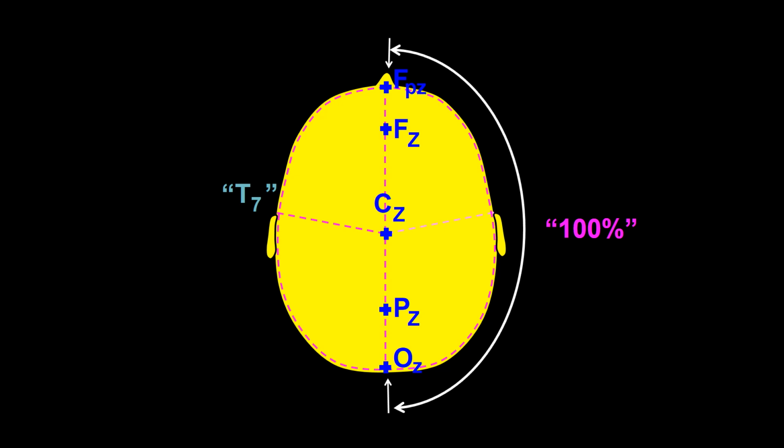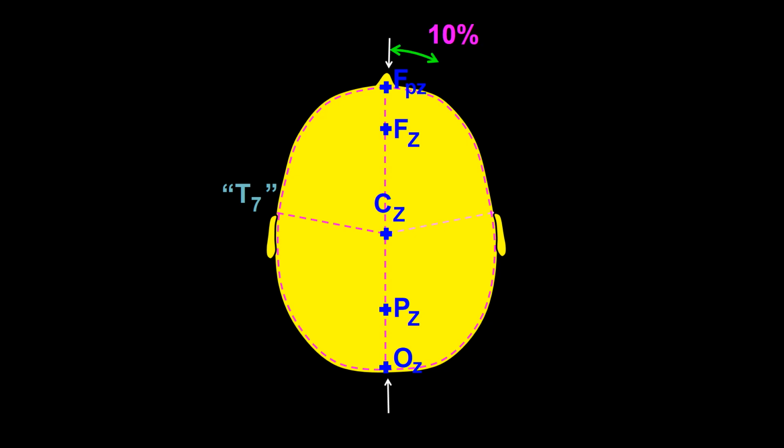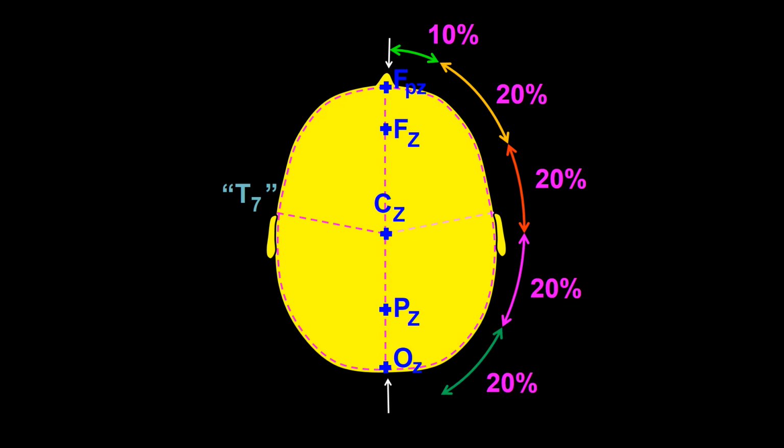Then we take the distance from FPZ and OZ on one side and use this value as 100% for future calculations. Then we mark 10% of this distance going from FPZ to OZ. Then we mark 20 more, then 20 more, then 20 more, and again 20 more, and we are left with 10%.